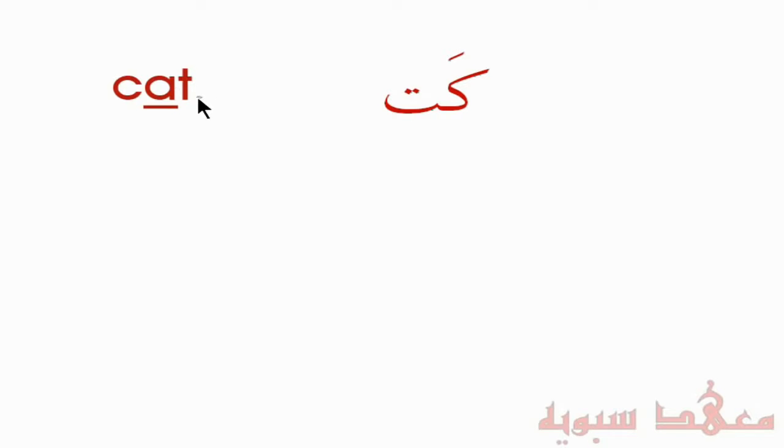The T doesn't have any vowel associated with it. It's just a stop on the T, so in this case we would put a sukoon there. Cat. If we gave it a mark, for example the fatha, it would be kata, or katu, or kati.